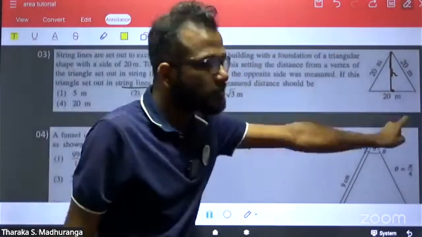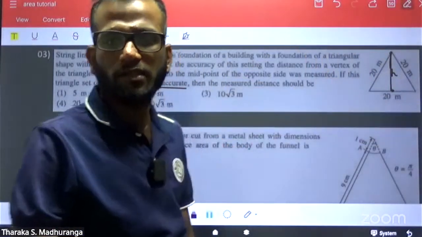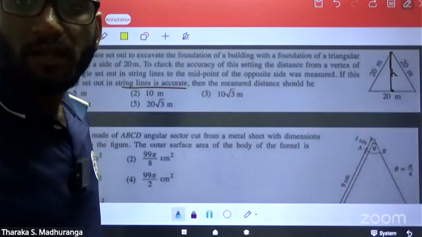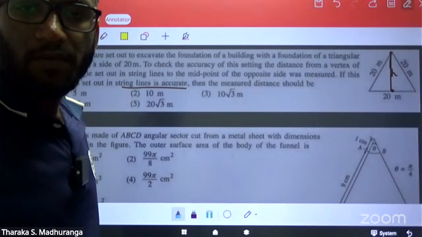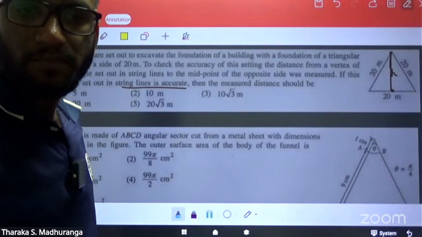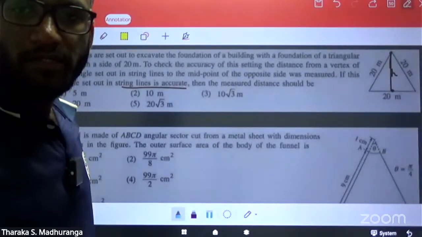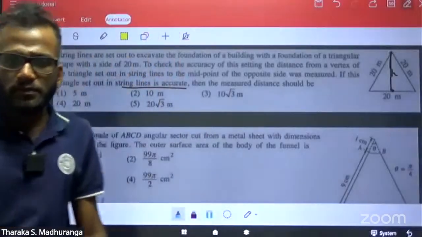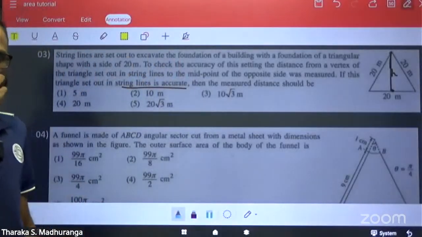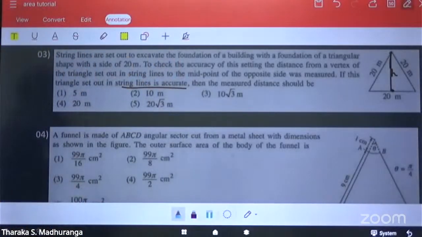Think it is H. Then the question asks for the length of H. Yes, Kabir correct. Tanura correct. The H length is asked. Oh, H is the height.